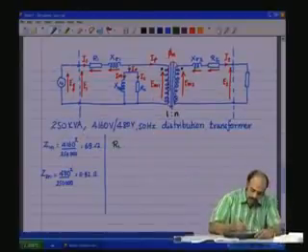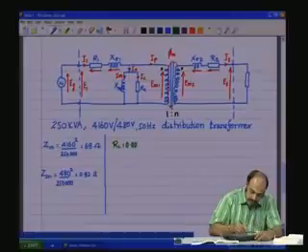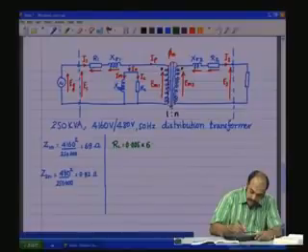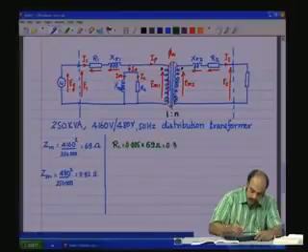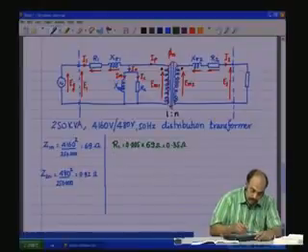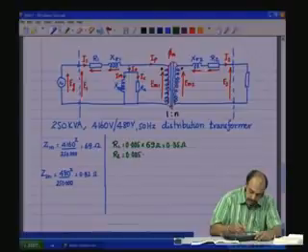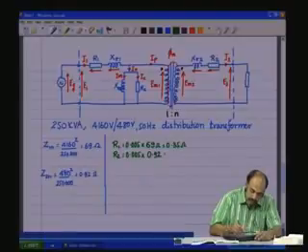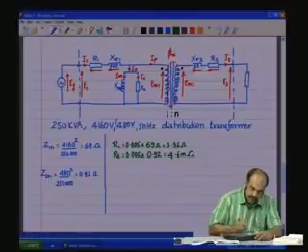So, R1 is 0.005 into, on the primary side, the base impedance of 69 ohms, which is 0.35 ohms. R2 is again 0.005 and the base impedance on the secondary side is 0.92, which gives you 4.6 milliohms.